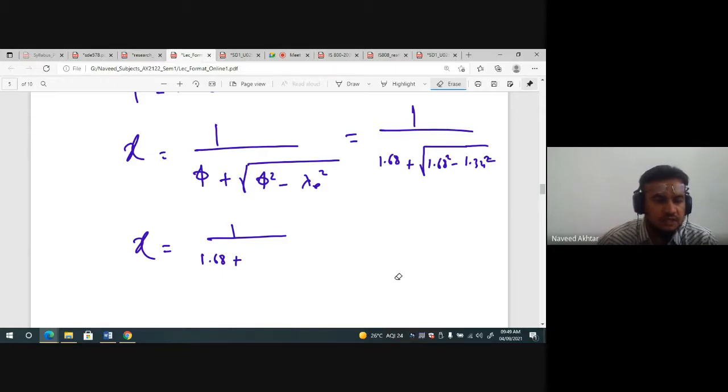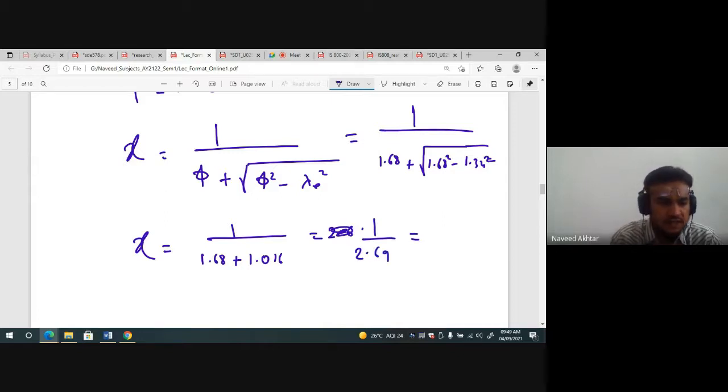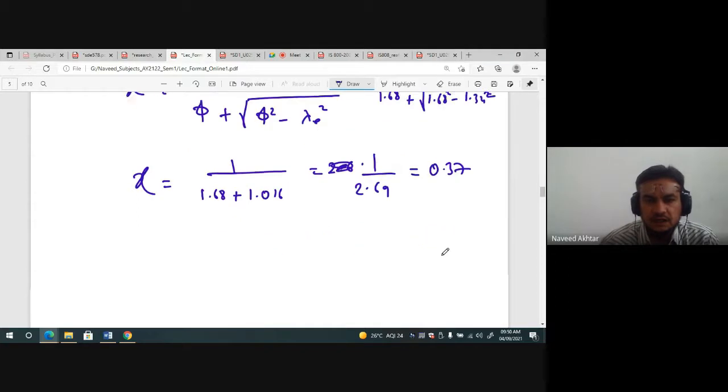So it is coming 1.016 plus 1.68, it is 2.69, 1 upon 2.69. सर इनवर्स अगर हम करेंगे तो 1 upon 2.69 का इनवर्स 0.37.